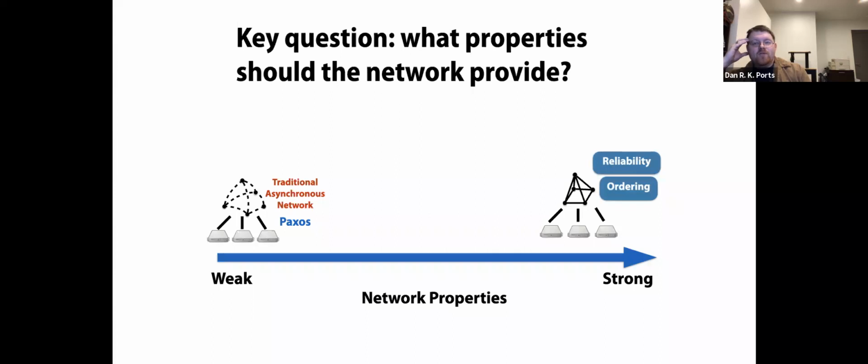That would be really great from an application perspective. We wouldn't need this distributed algorithm to implement state machine replication. The problem is that we're effectively saying we're going to solve exactly the same problem now in the network. And at that point, we're just pushing the complexity around to a place where it's harder to implement.